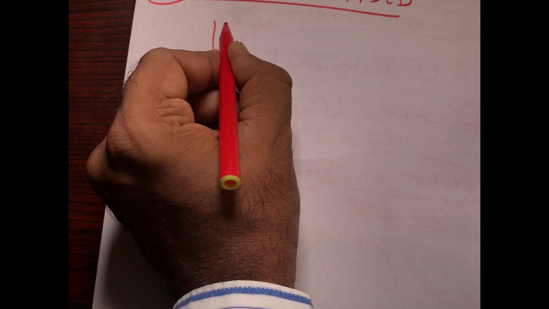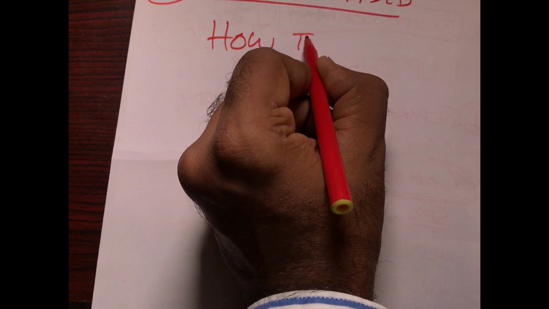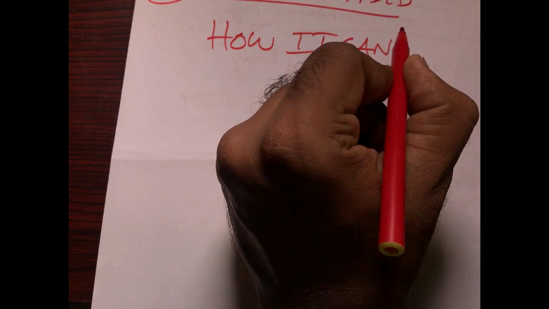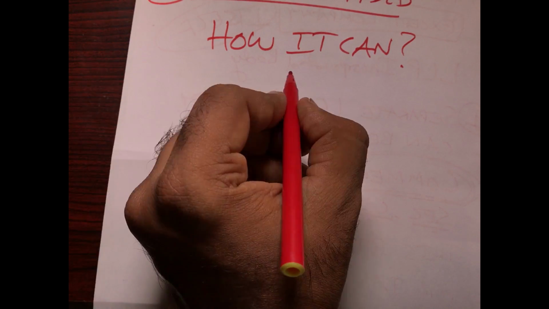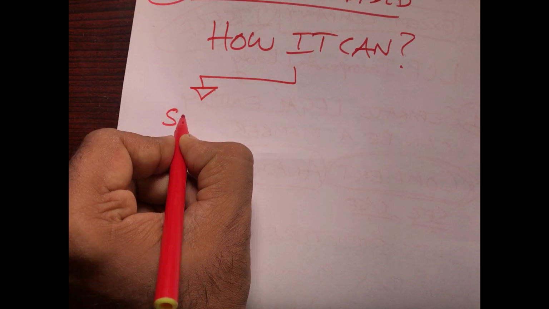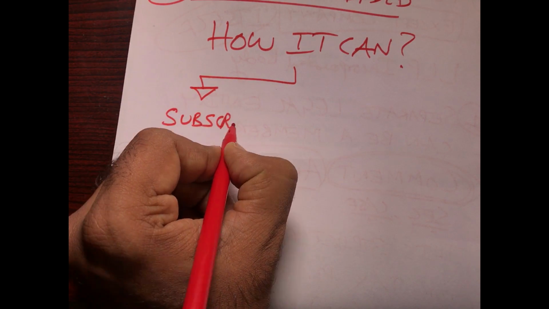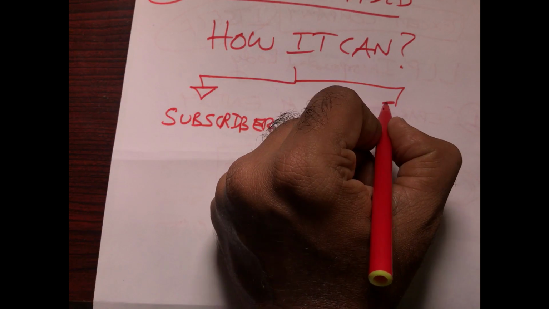Now, since it is a comment kind of question, you should also write something more detailed. For example, how can it become a member? You have written nicely that yes, it can become a member. But the next thing is, how can it become a member? We know that already. One is, it can be a subscriber during incorporation of the company.